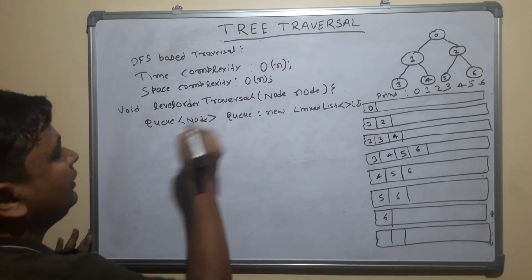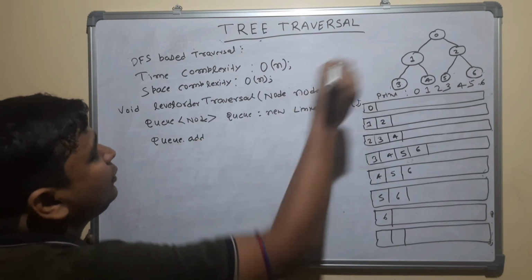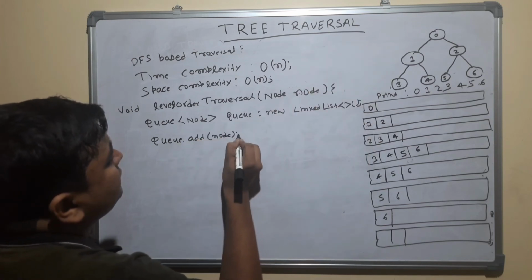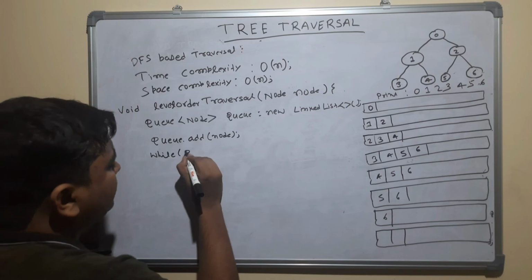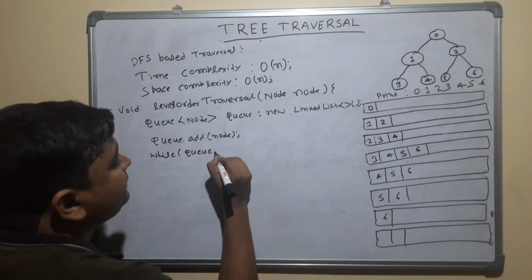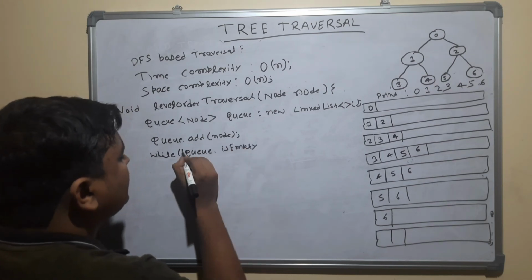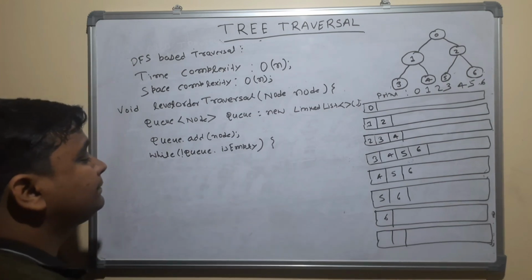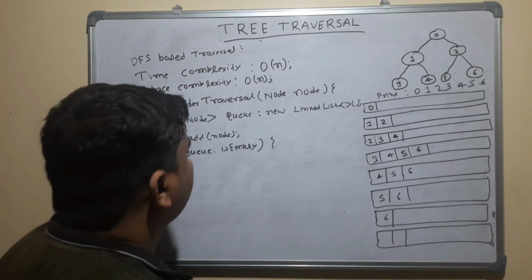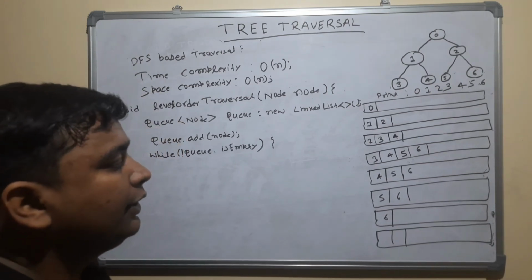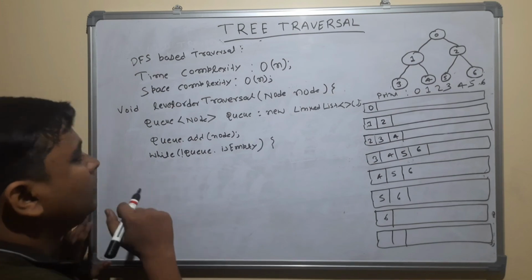First I will do q dot add, I have to add the root, right, and we have to process this queue until it's empty. While the queue is not empty, only that many times this loop will be processed.